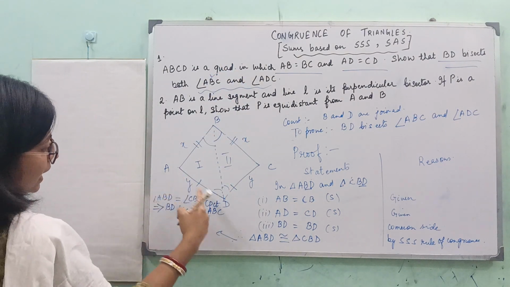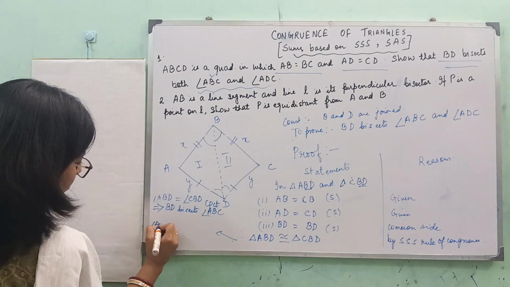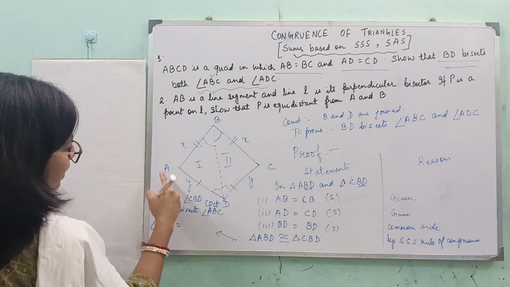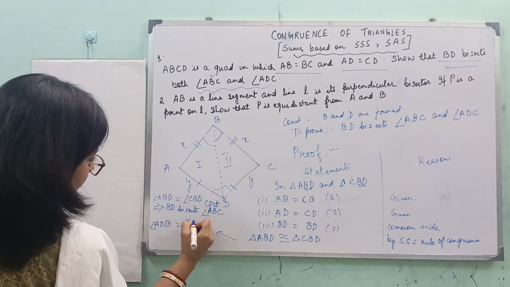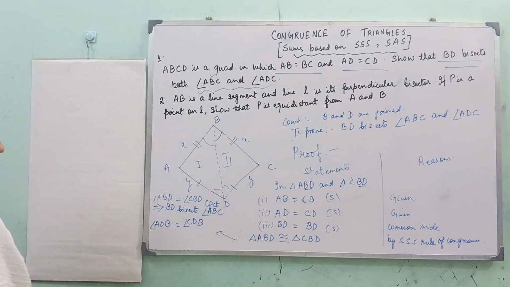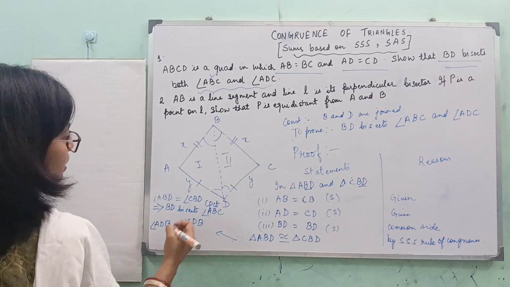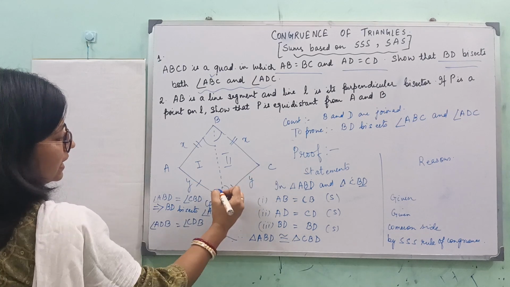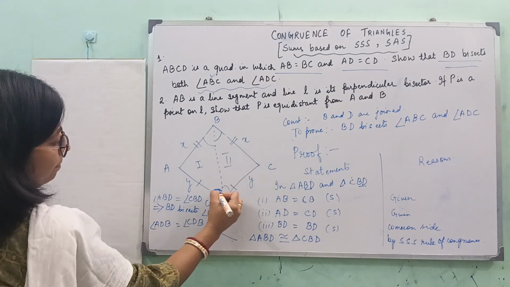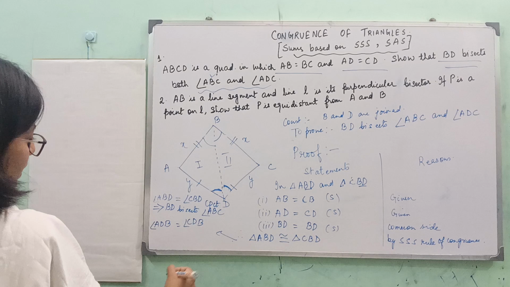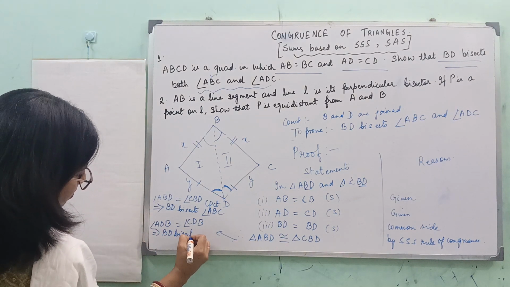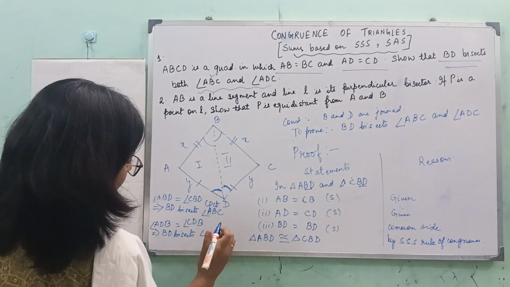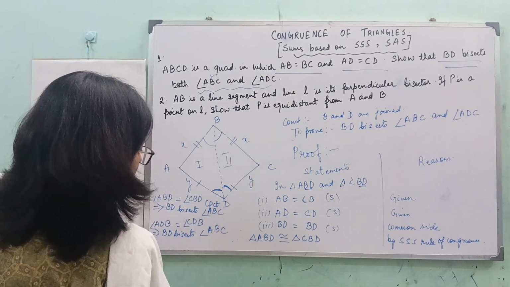Secondly, ADB is equal to CDB. Okay, ADB is equal to CDB. This is representing that ADC is bisected in two equal parts, this and this, by BD. That means BD bisects angle ABC.